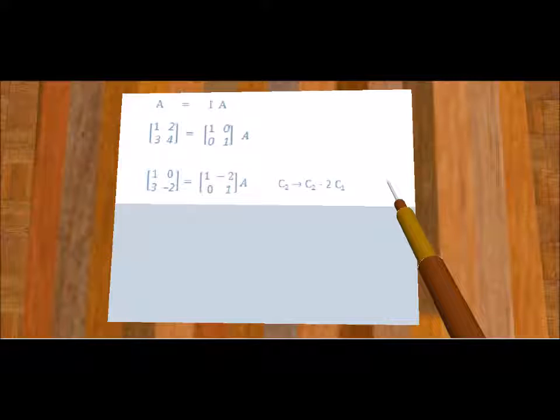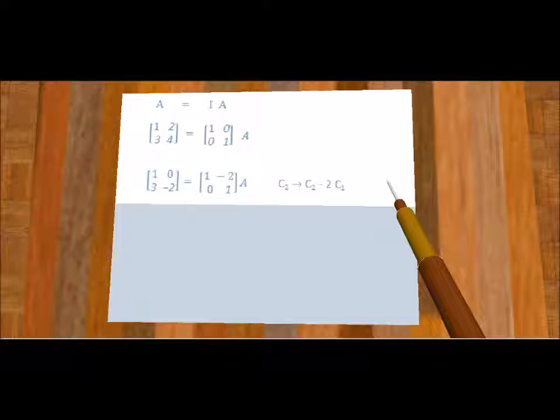So I operated on the second column, and I made C2 equal to C2 minus 2C1, so that the element of my first row becomes 0. So this becomes 0, and then the last element becomes minus 2.